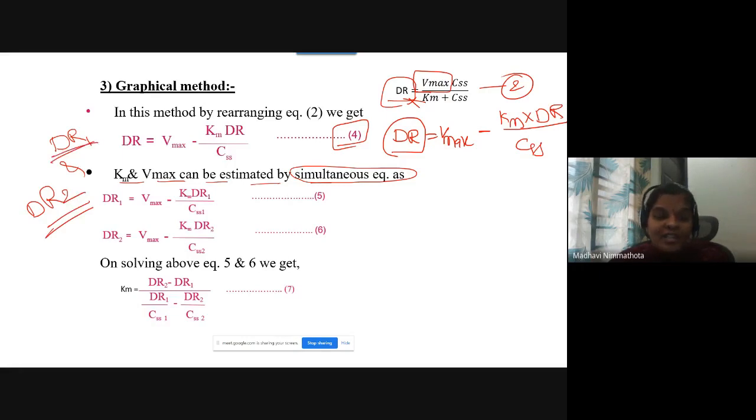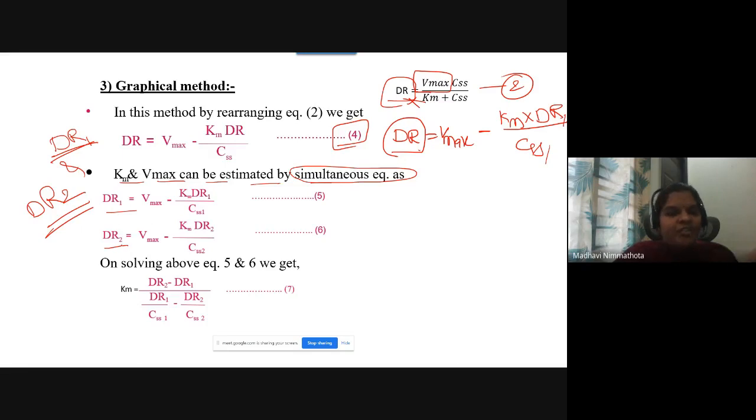For that reason, we are able to calculate this Vmax and Km from two different dosing rates. So in case of DR1, how will the equation be? DR1 is Vmax minus Km into DR1 divided by CSS1, because here we are going to calculate dosing rate 1.